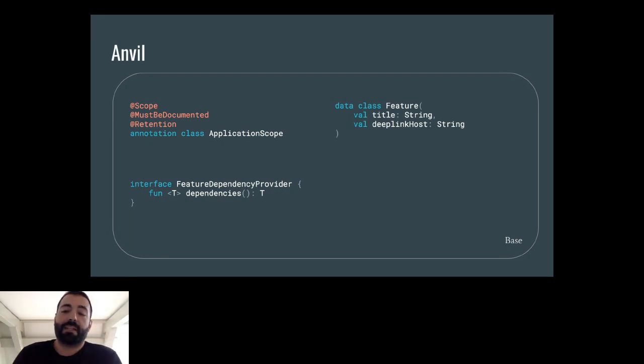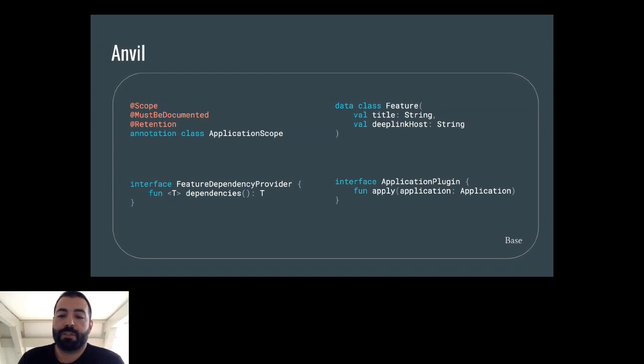And we're going to have a data class called Feature, which defines a title and a deep link host so that we can navigate to it. I do believe deep link navigation is a good approach, and considering this is a high-level concept for the features, high-level dependencies, it should be fairly straightforward to use deep links here.